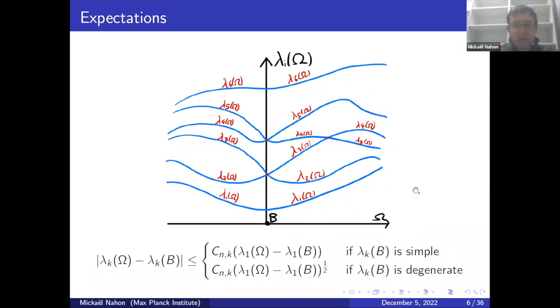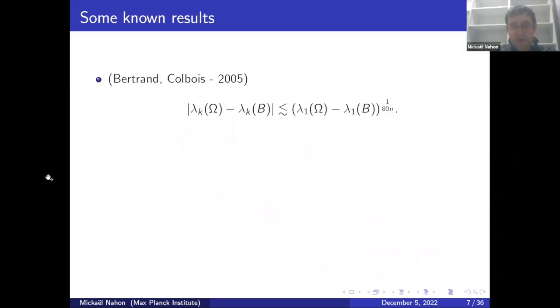So now I can cite a few known results around this, the few known quantitative results around this problem. There is one of Bertrand and Colbois in 2005, where they use a capacity estimate to prove that, when lambda 1 of the ball is not too large, otherwise this inequality is wrong, but when lambda 1 of the ball is bounded, then the difference of lambda k is bounded by the difference of lambda 1 to some power, an exponent that depends on the dimension.